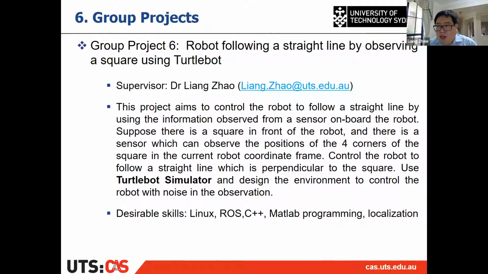I find some of the students use color markers. Some of the students use QR codes, which is not the first idea in my mind and is not mentioned in the description of this project, but I'm quite flexible with that. Any ideas for finishing that kind of task, I'm happy with that.